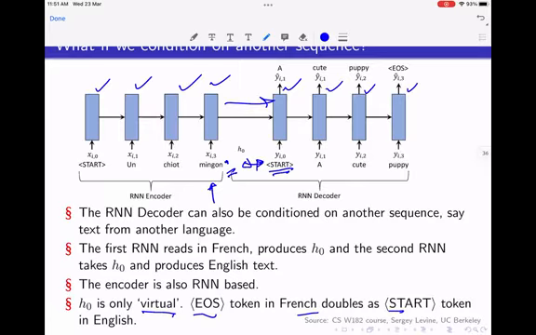So nothing is stopping you from sharing the weights between the encoder and the decoder. The thing is that practically people use different weights for these two parts. So this is shared and this is shared, but they are different sets. This is one set of shared weights and this is another set of shared weights. That is what people practically use.